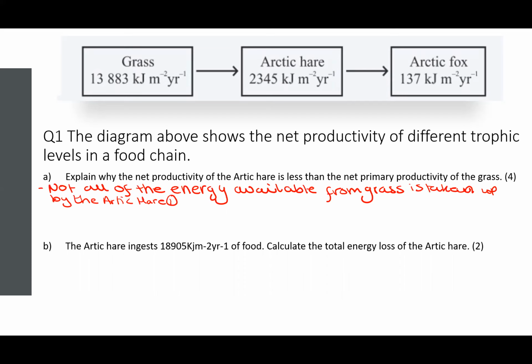Why is it not available? Well, because some of the parts of the grass aren't eaten, so that energy can't be taken in. As some parts of the grass are not eaten. You could put an example of a part of the grass that might not be eaten, such as roots. That'll get you another mark.